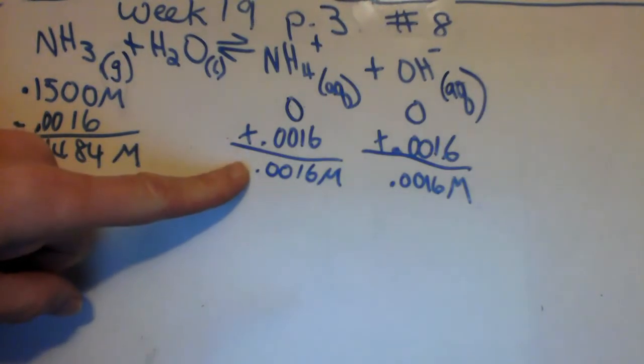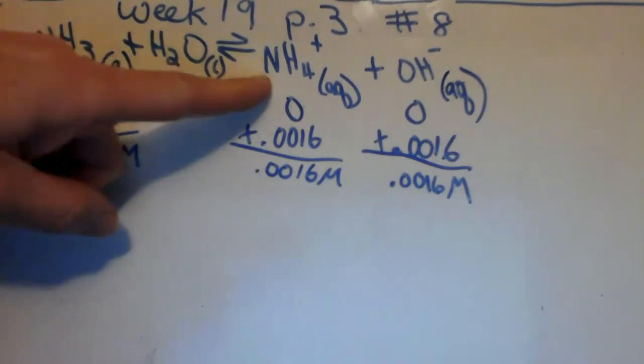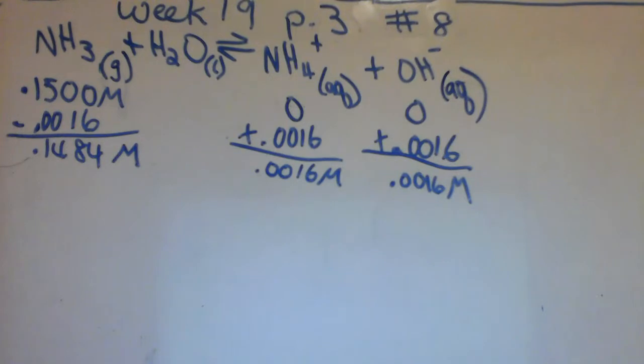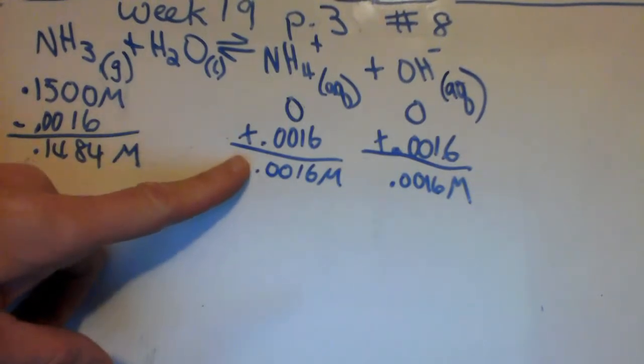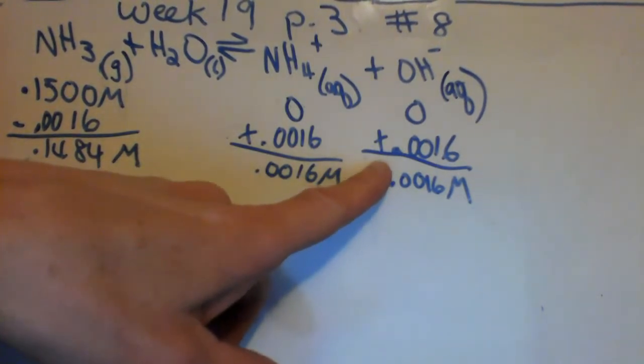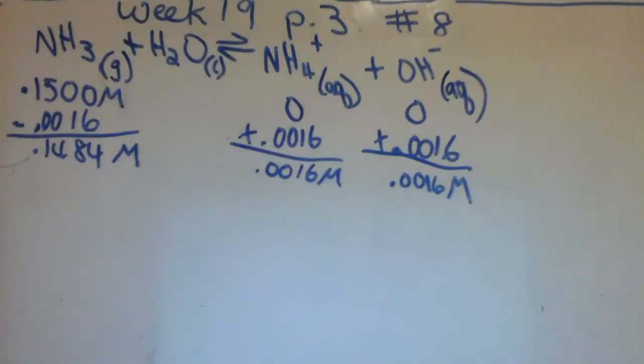We get 0.0016 molar of the ammonium ion at equilibrium, which is of course the same as the concentration of the hydroxide ion at equilibrium. Next, we have to write the base dissociation constant, which is essentially the same thing as the acid dissociation constant.